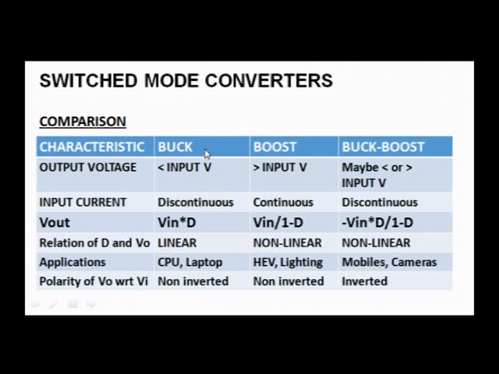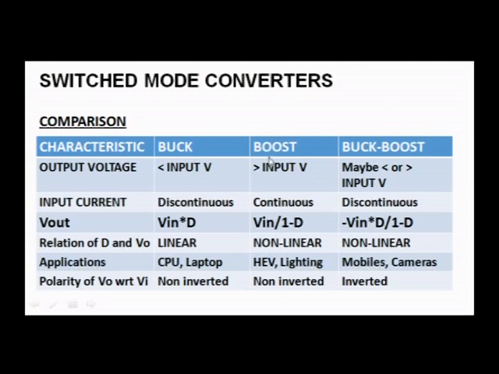Now I have to compare these converters, and for the comparison I have to talk about various characteristics. I have included a few of them. The first characteristic is definitely output voltage: what is it with respect to the input voltage? In a buck, the output voltage is less than the input voltage.